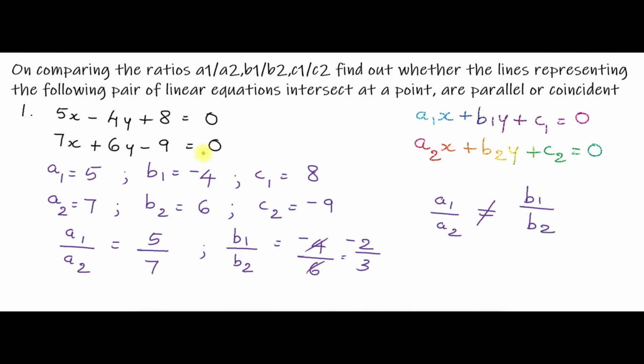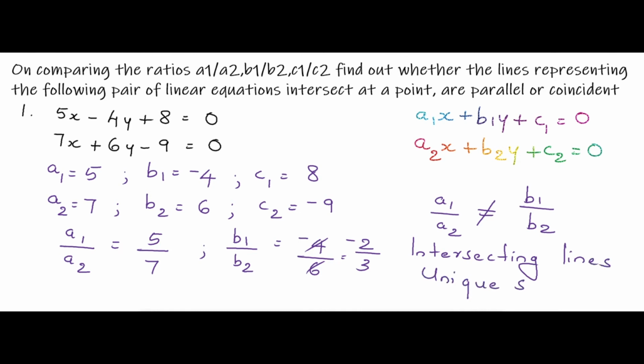That means the pair of linear equations intersect at a point. That is, they are intersecting lines. They have exactly one solution, that is, intersecting lines having a unique solution.